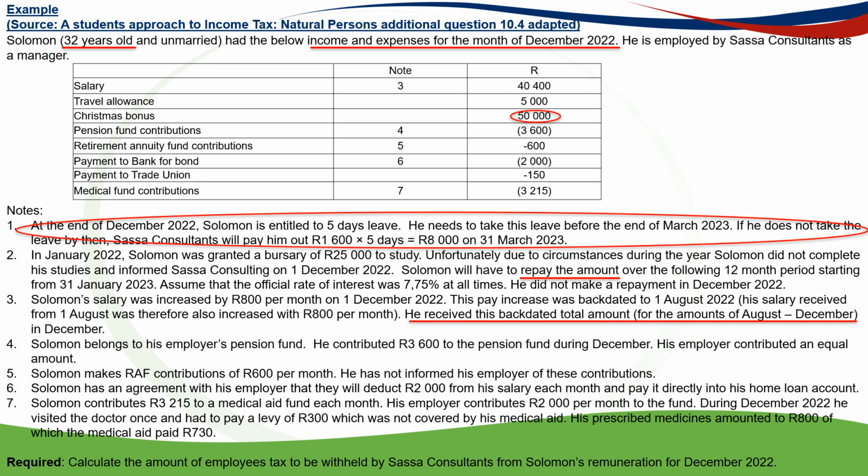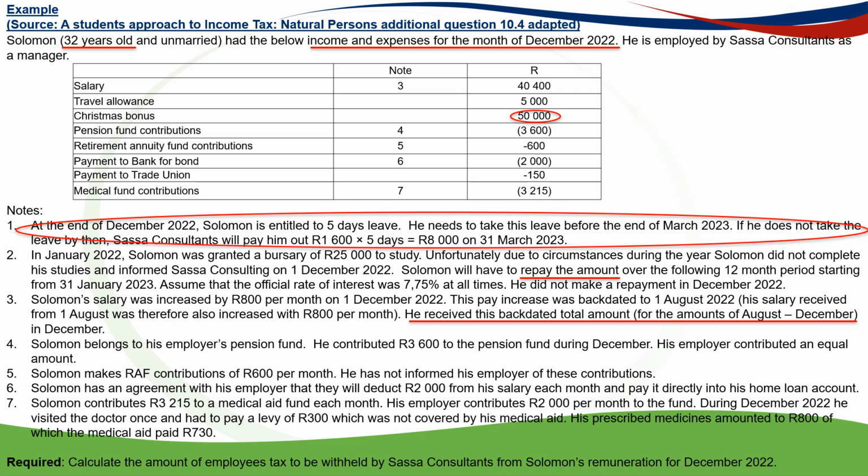Then he also received back pay of 800 Rand a month from August to December. So that's 5 months times 800 Rand, it's 4,000 Rand, which will be paid to him in December. And that's also variable remuneration.